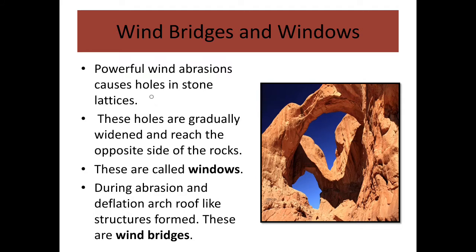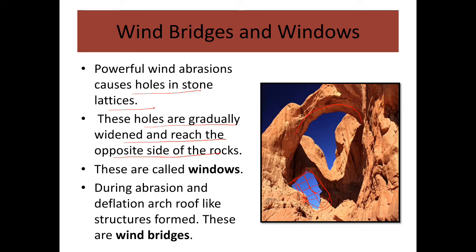And wind bridges and windows. Powerful wind abrasion causes holes in the stone lattices. These holes are gradually widened and reach the opposite side of the rocks. Here we can see that this side is abraded and it reaches the opposite side and forms a hole-like structure, and this is called a window. During abrasion and deflation, arch roof-like structures are formed.